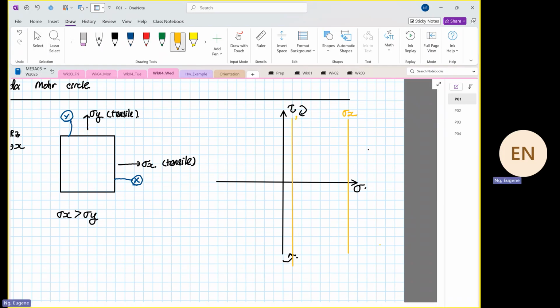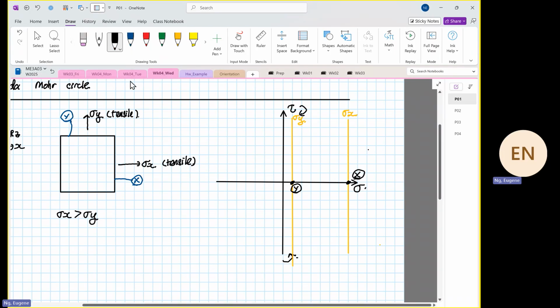This is known as our stress Y. Okay. So we know for the fact over here, the shear stress is equal to 0. We immediately can write down that over here is our point X. Over here where it intersects 0 shearing stress is our point Y. So from here, immediately we can construct our Mohr circle.